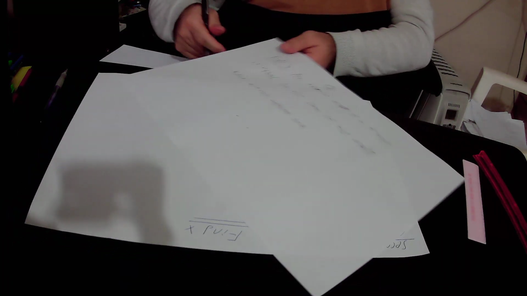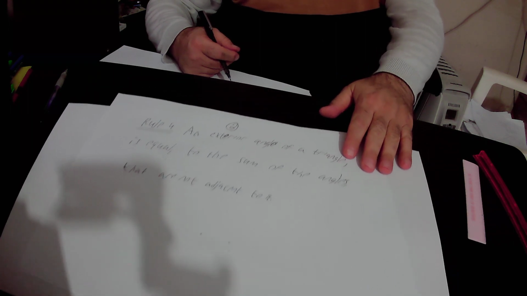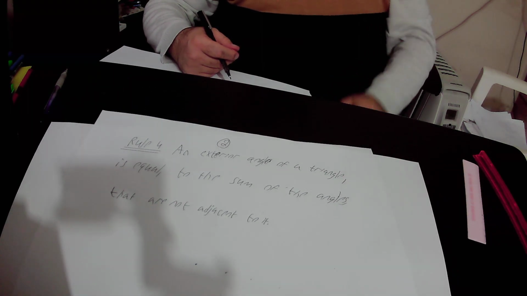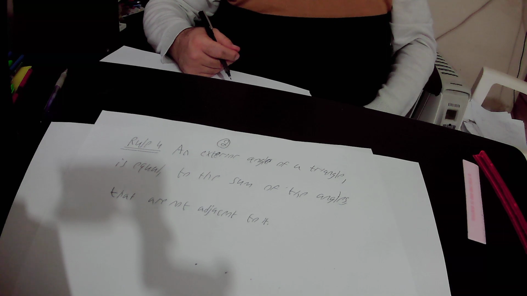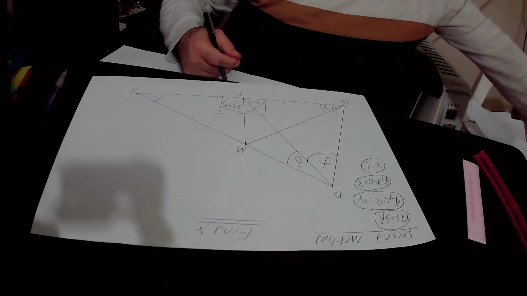So I read rule number 4 again. According to rule number 4, an exterior angle of a triangle is equal to the sum of the two angles that are not adjacent to it. So what is the meaning of rule number 4?